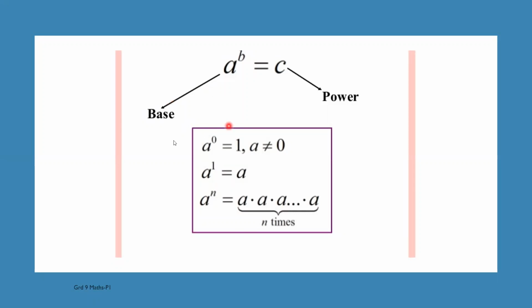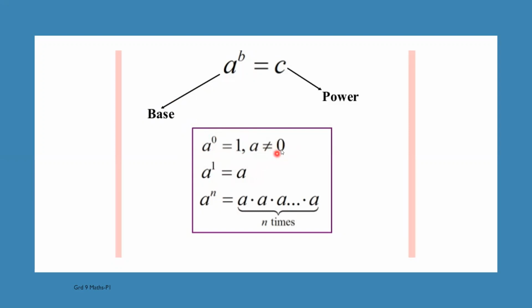Now when we look at this box, guys, it says a to the power of 0 is 1 when a is not equal to 0, because if a is 0, 0 to the power of 0 will be undefined. Then a to the power of 0 is 1. Zero power of everything is 1, as long as your base is not 0.